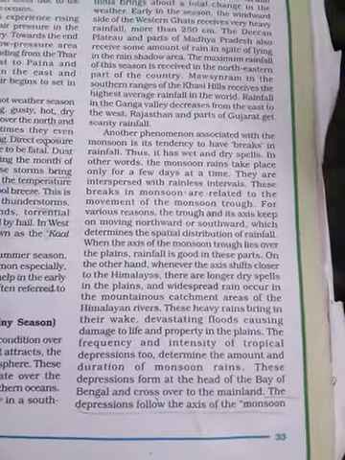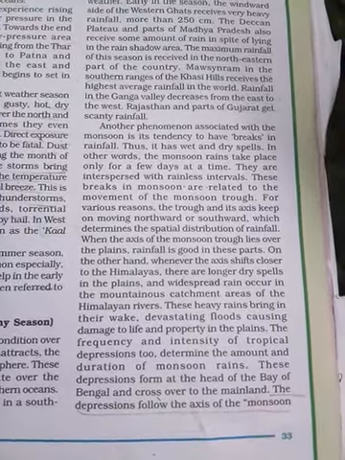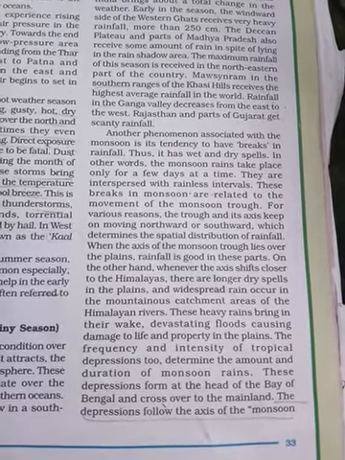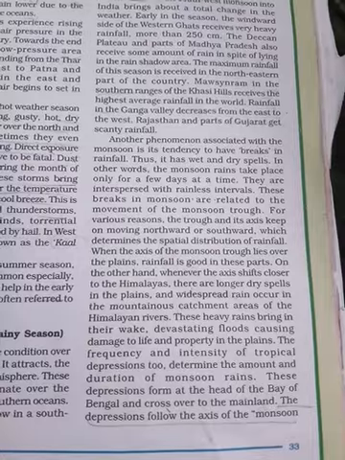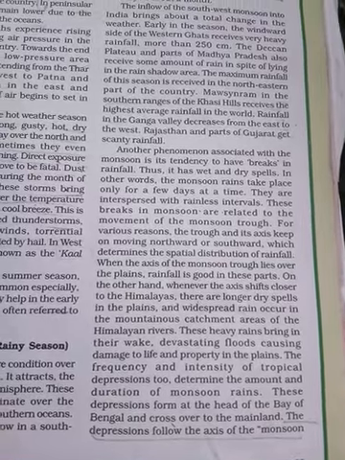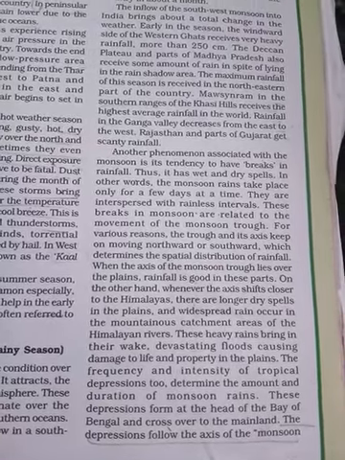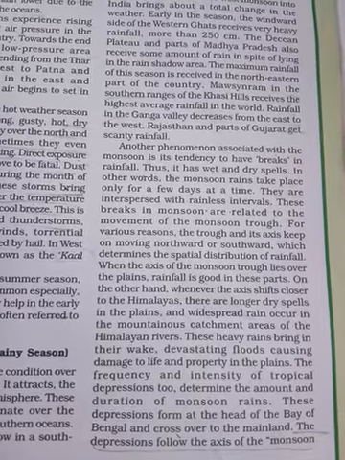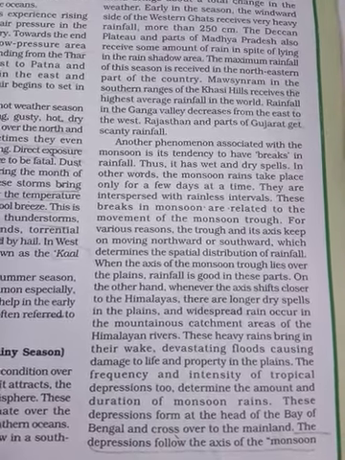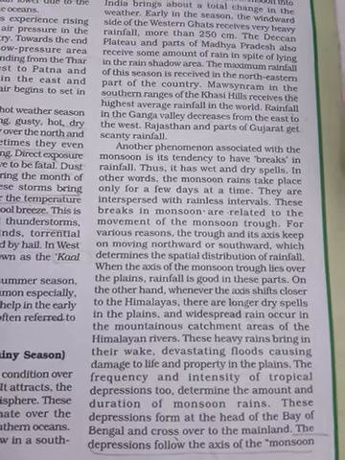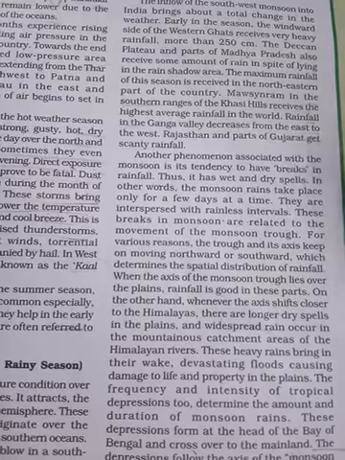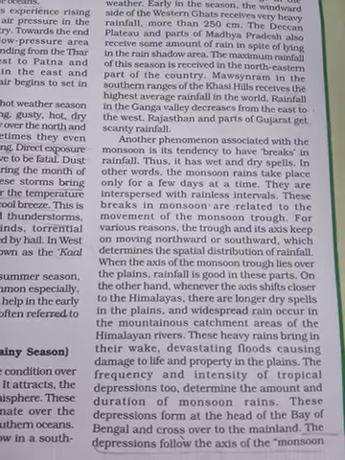Look here, another phenomenon associated with the monsoon is the bursting, that is, the breaking of rainfall. They give thunderstorm and lightning, and throughout the whole of India they get rainfall.